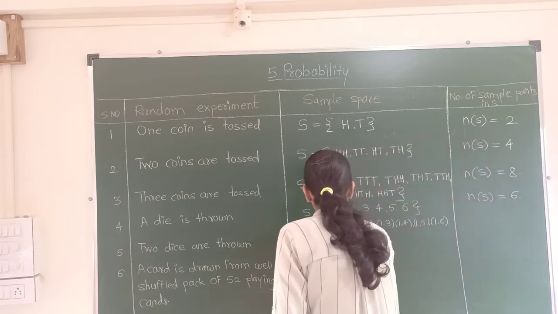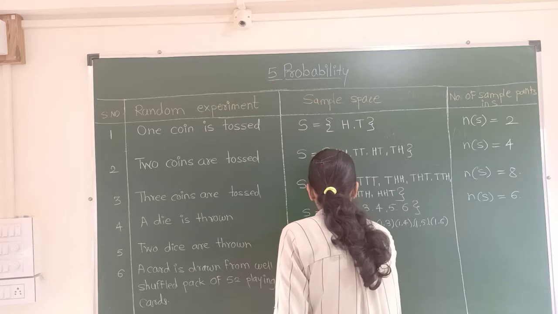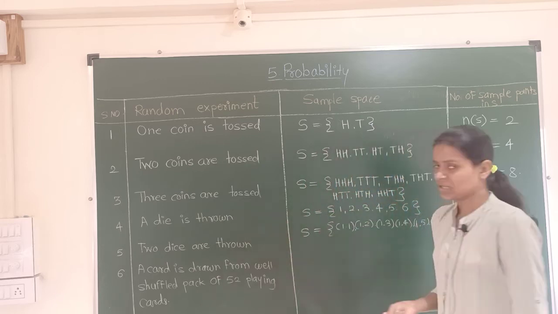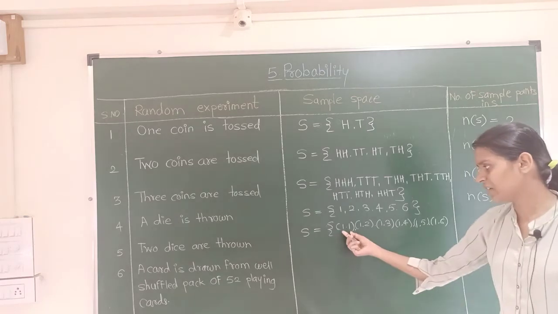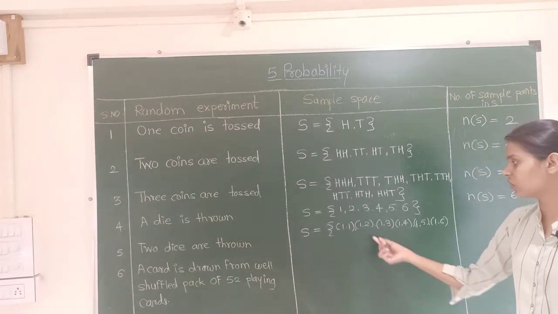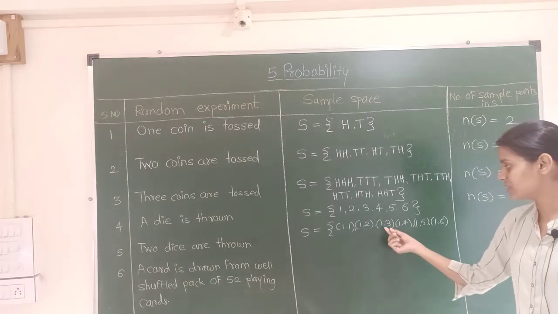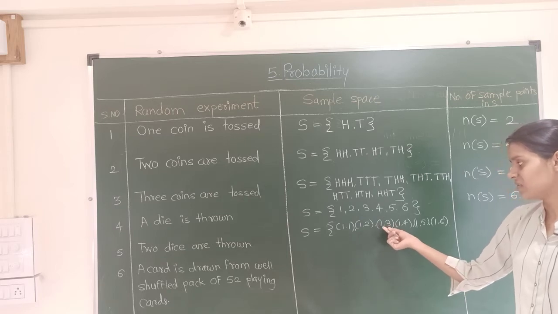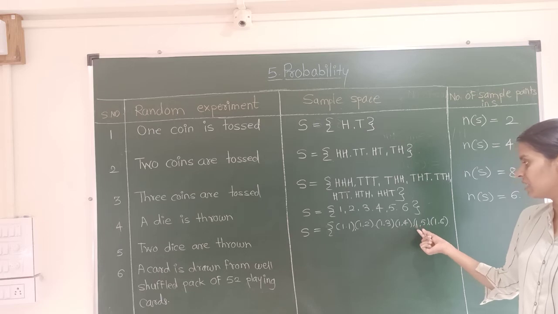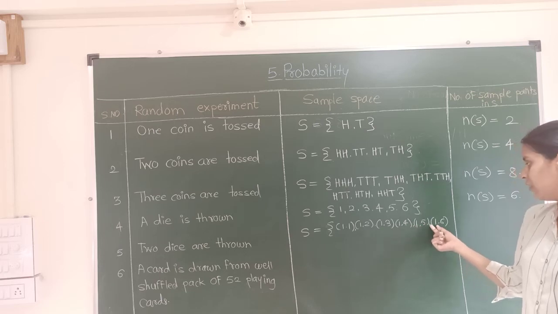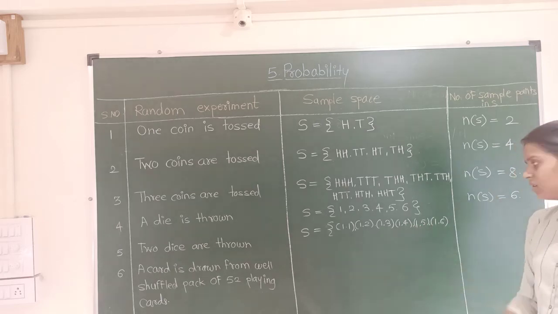Now you will start from (2,1). If we are throwing 2 dice, one die can be 1 and the other die also 1; one die is 1, another die is 2; one die is 1, another is 3; then 4, 5, and 6.